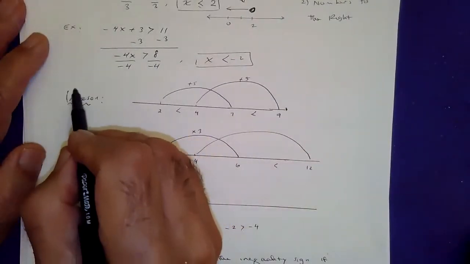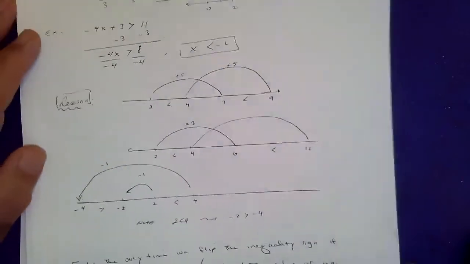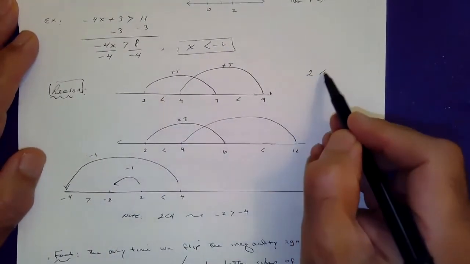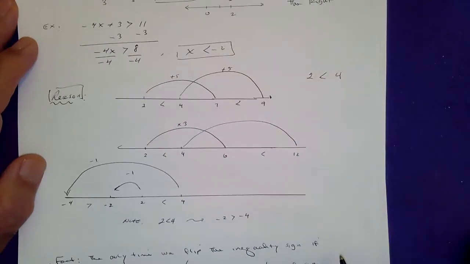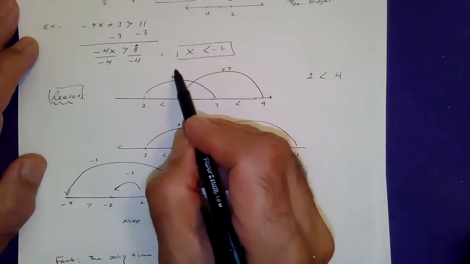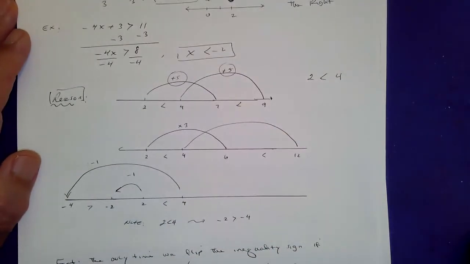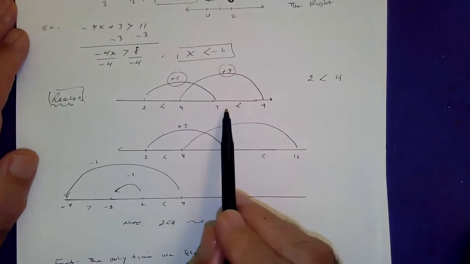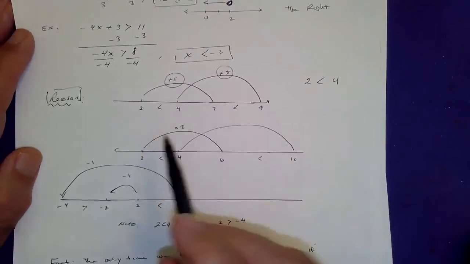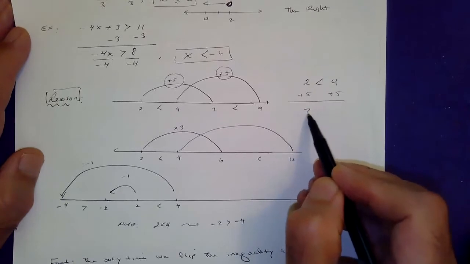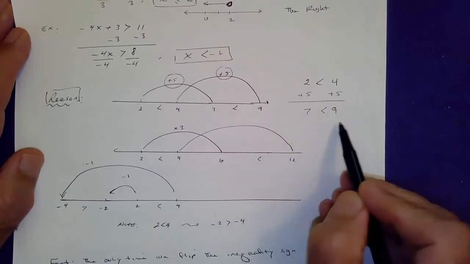Here is the reason. When you have, let's say, 2 is less than 4, and you add or subtract a number, the inequality sign does not change. For instance, if I add 5 to both sides, I get 7 is less than 9. Still true.